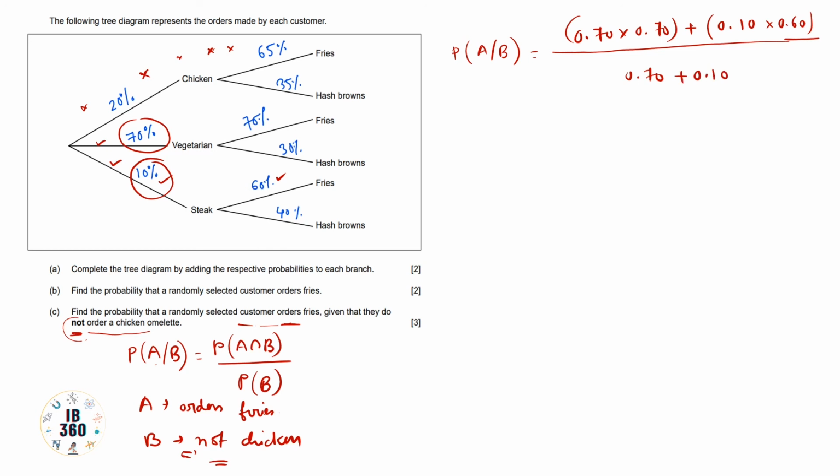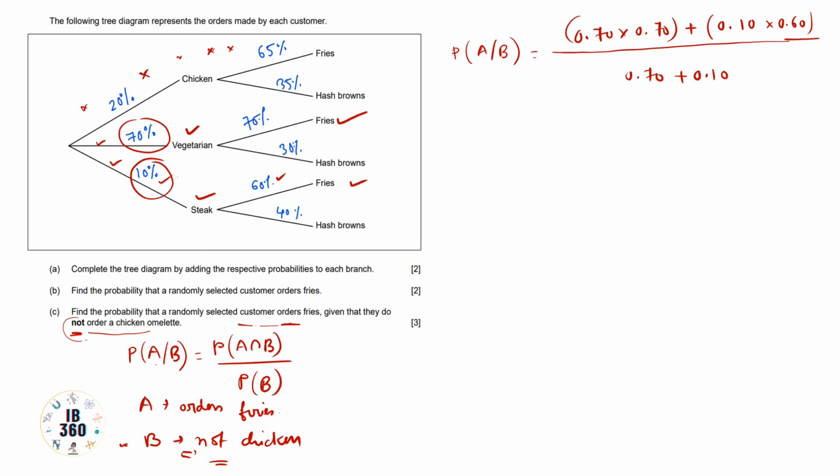I think you have understood why this is there. B is the probability for those people who have not chosen any chicken dish, so only vegetarian and stick are there, that's why 0.70 plus 0.10. And above, those have not chosen chicken as well as they have chosen fries. So 70 and 70 give me fries, and 10 and 60 give me fries.